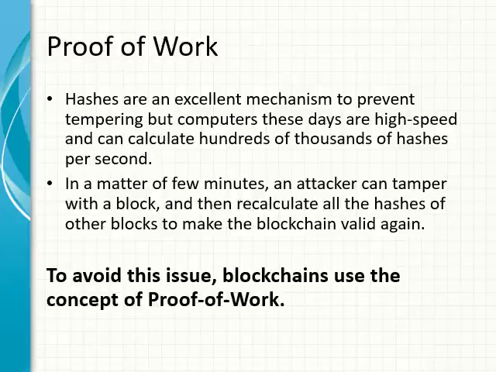But nowadays computers have become powerful, and because of high speed computers, hundreds or thousands of hashes can be tried, and the persons who try to tamper with the data can calculate the input data from the hash value. So in a matter of a few minutes, an attacker can tamper with a block, and then recalculate all the hashes of the other blocks to make the blockchain valid again.